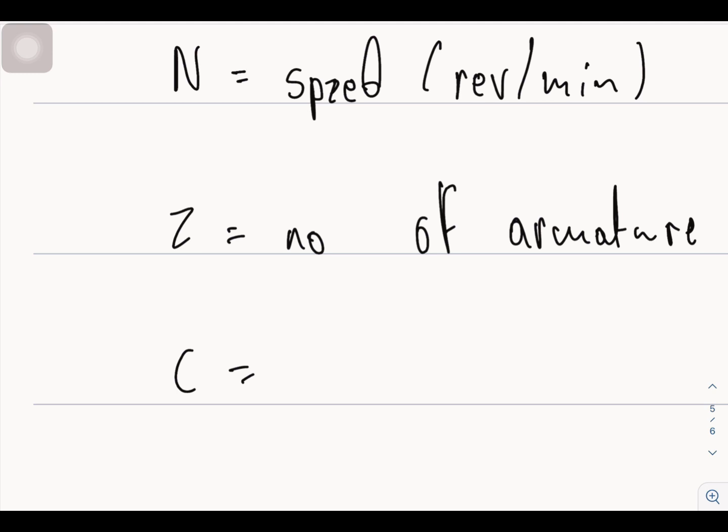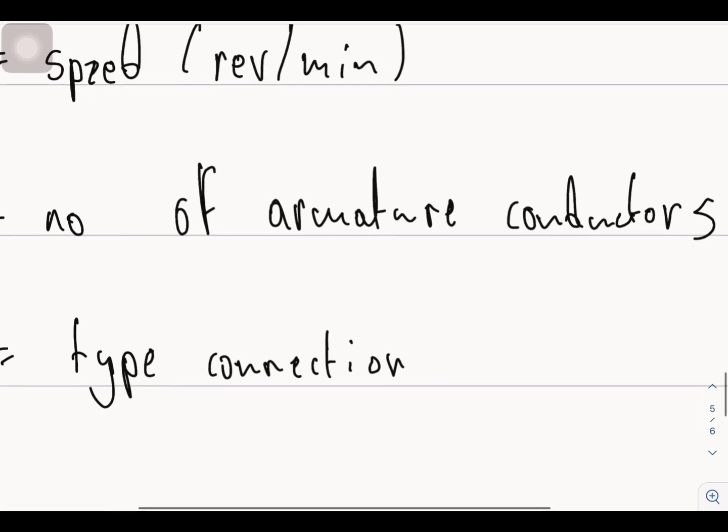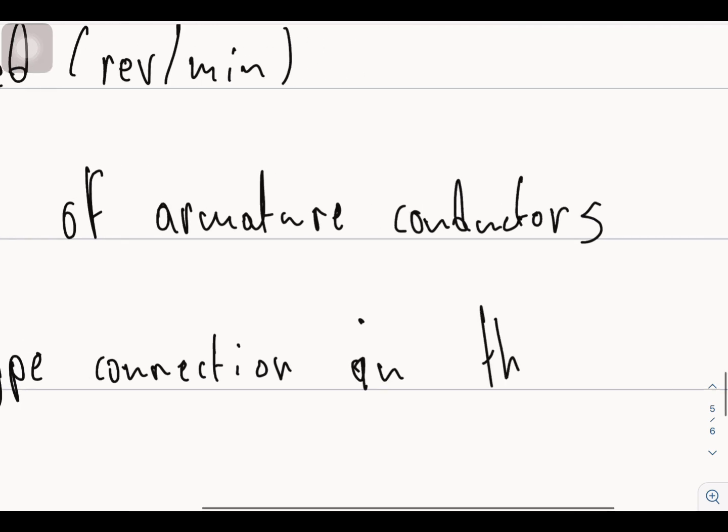There are two types of connection of the armature: it's either you're going to have a lap or wave connection. So for lap, let me write type of connection in the armature.